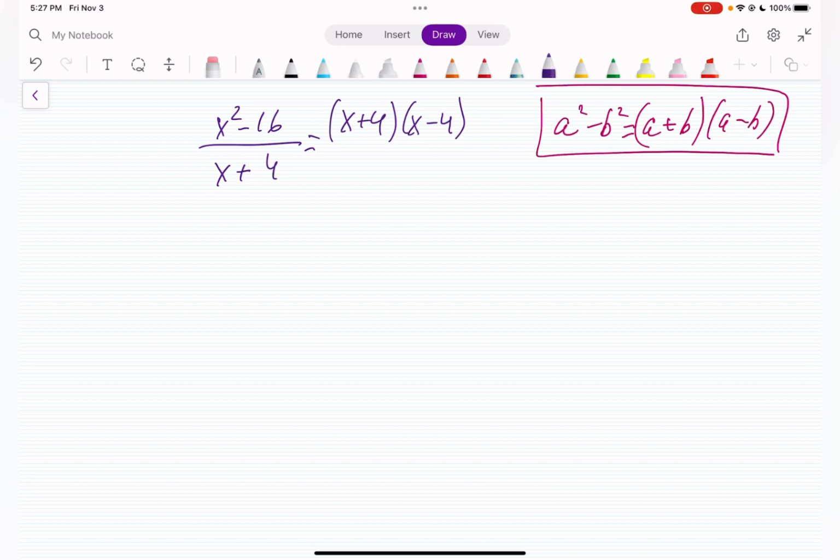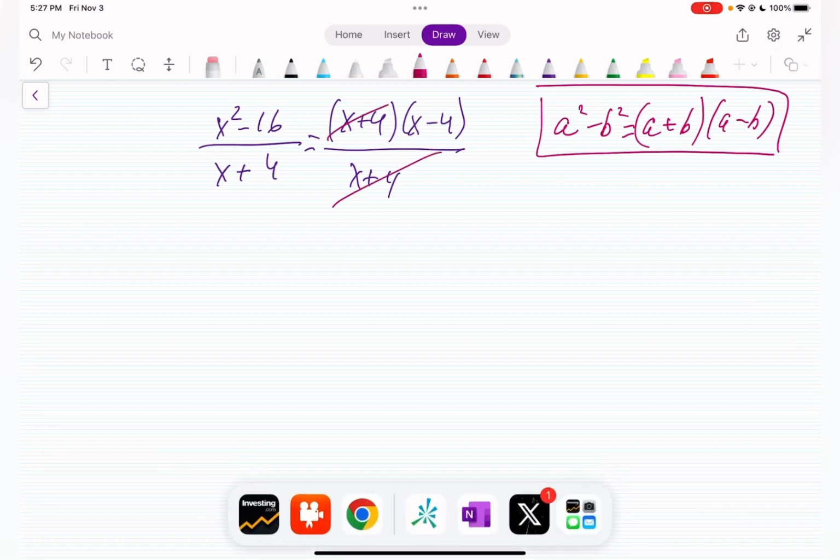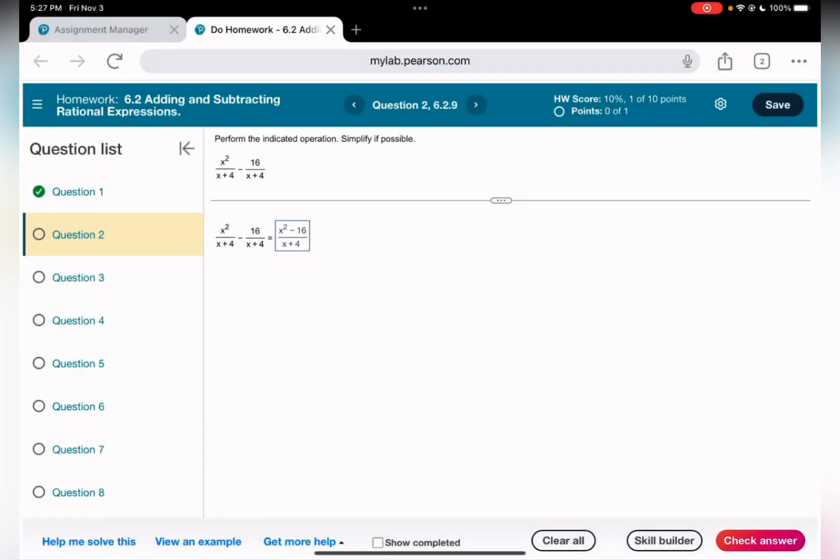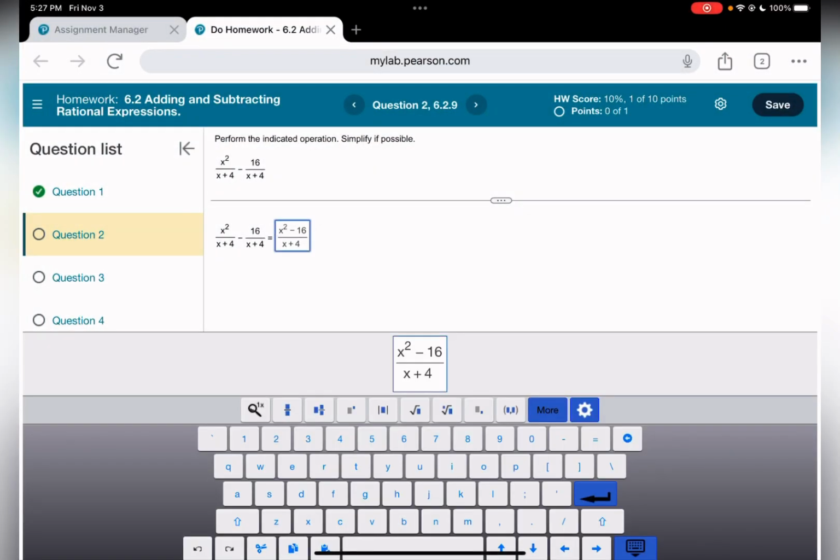So now if I write down x plus 4, I can cancel it, and I will have x minus 4. And that is going to be the answer. So let me delete this whole thing, and I will have x minus 4.